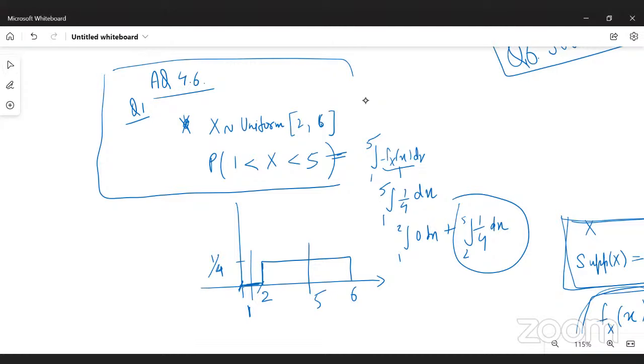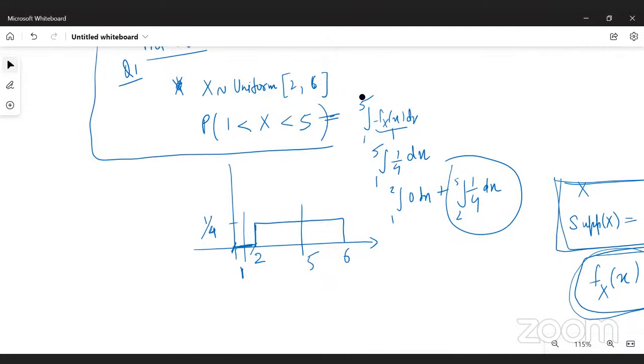It is given that x is uniform in 2 to 6. So just see the figure here. If you have any random variable that is uniform in an interval a to b, then its density is given by 1 upon b minus a for x lying between a and b, otherwise it is 0.